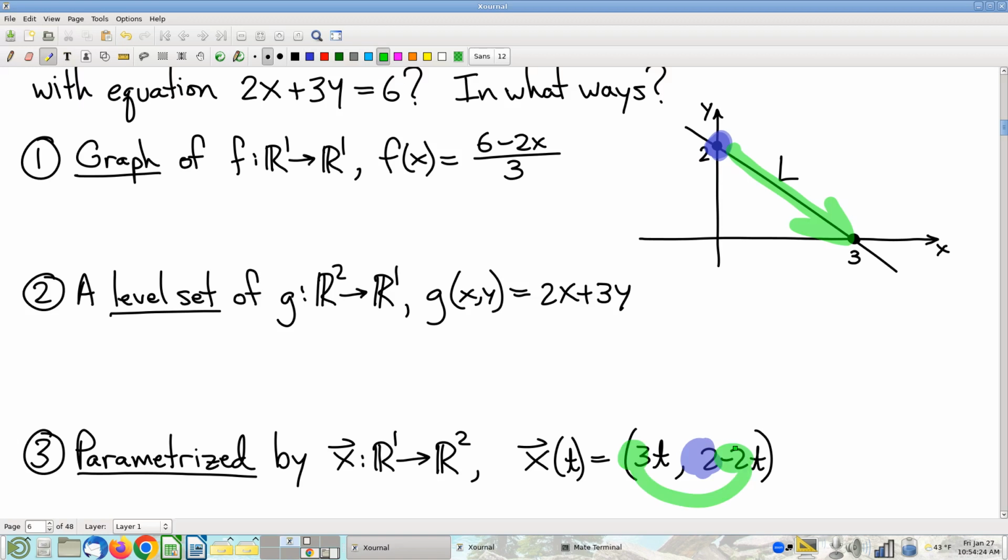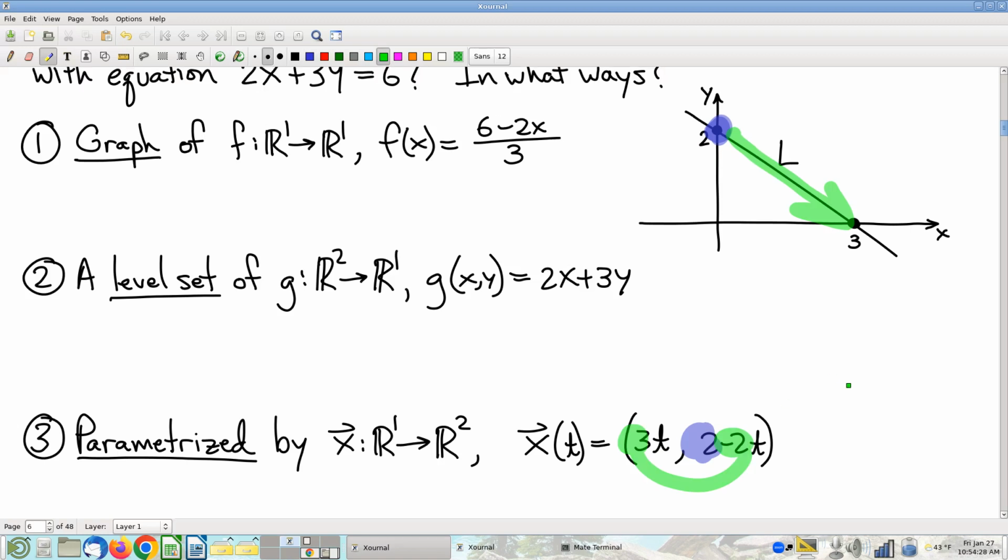You can see it right there in the algebra. So this line is parameterized by this, now third, function. Same line. And just like with graphs and level sets, we're going to have a calculus of parametric curves, right? So the calculus of graphs, the calculus of level sets, and the calculus of parametric curves, they're all different.